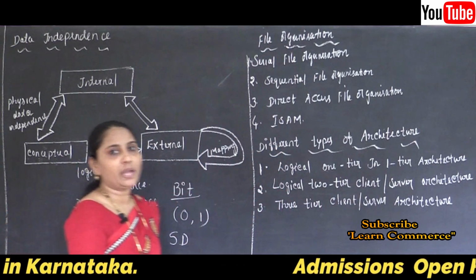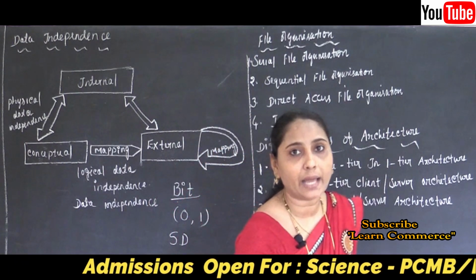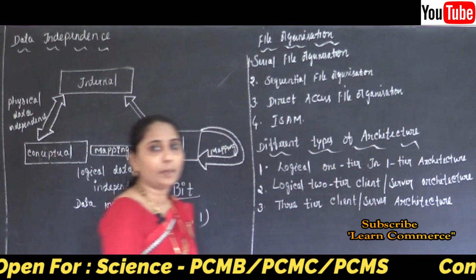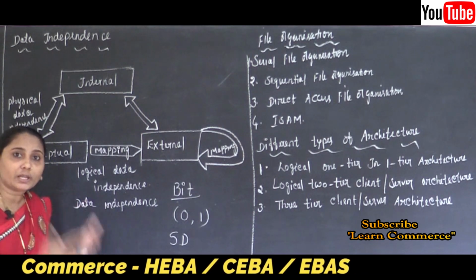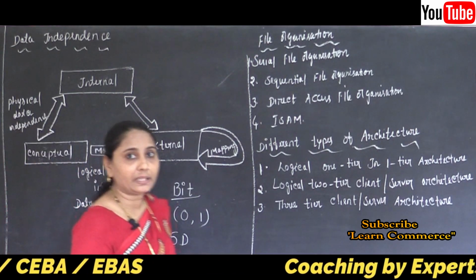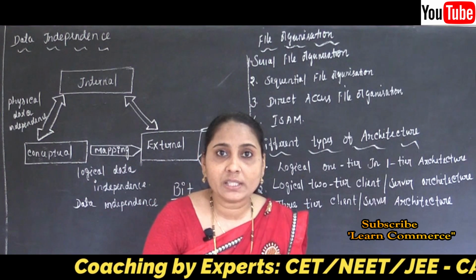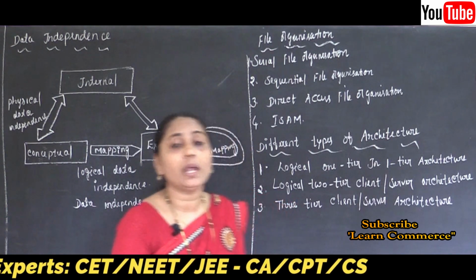The full form of SD is synchronous dynamic. Why? Because now we are going to store data into the computer. That means we are creating a file here. By using the file, we are storing data into the computer.